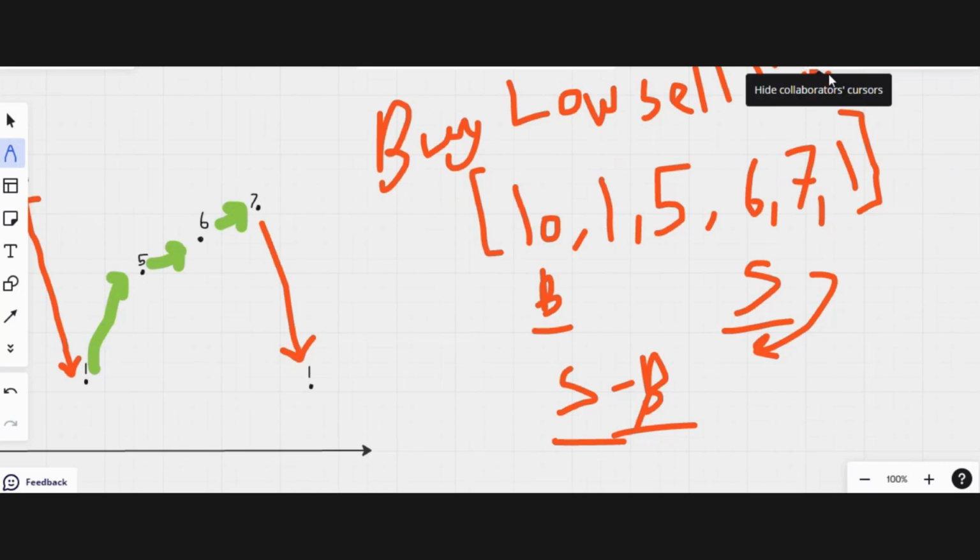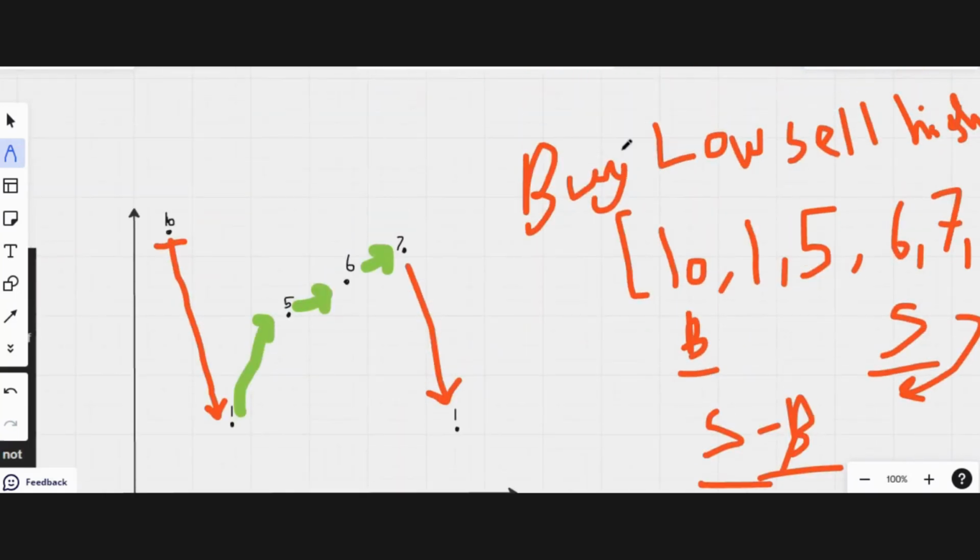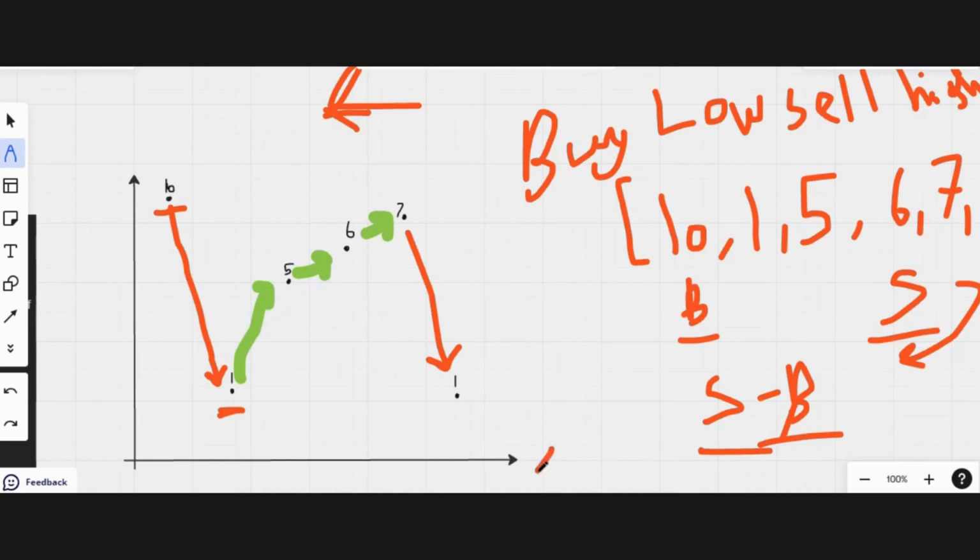Even if we buy low and sell high, we can't go back in time, because the x-axis is time. We can't buy at the price of 1 and then move back to the price of 10 and sell it there. Because we can't move back in time, the only thing we can do across this x-axis is move to the right.